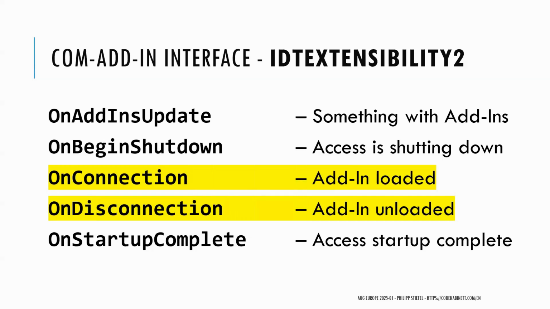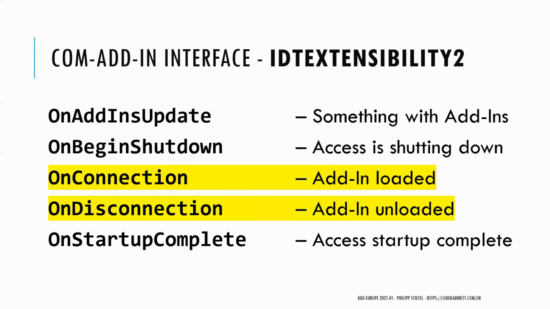Access will try to load the COM class that is implementing, Access was told that it is implementing this COM interface, and it will try to call these methods. And the class in your COM add-in must implement these methods.